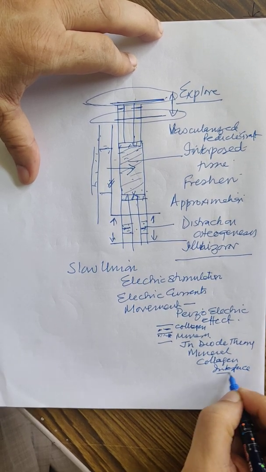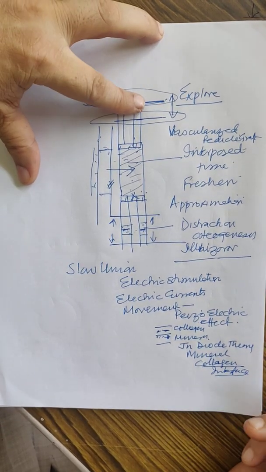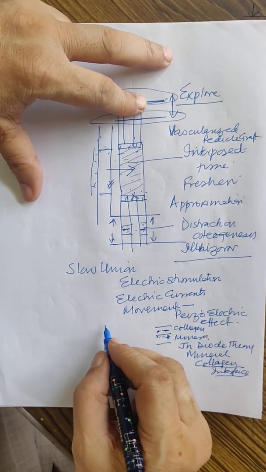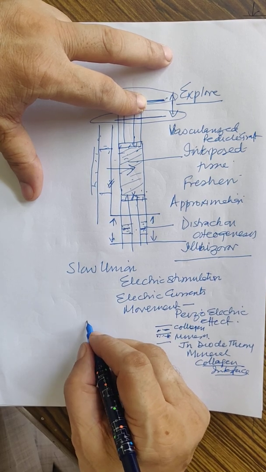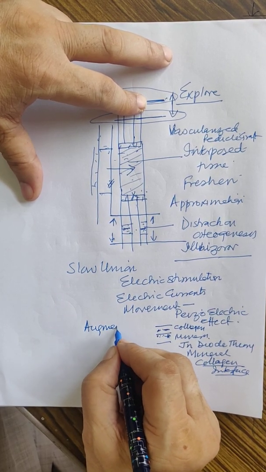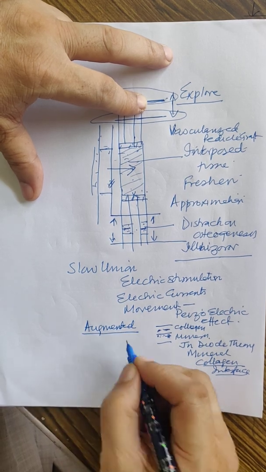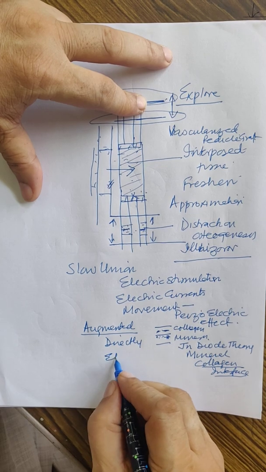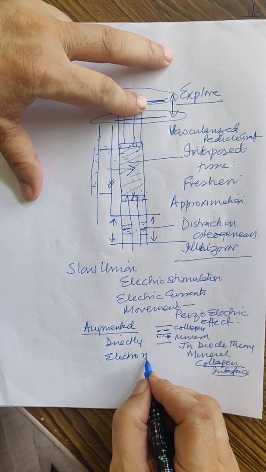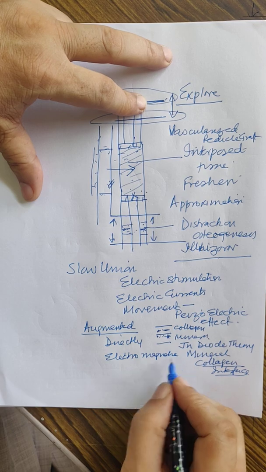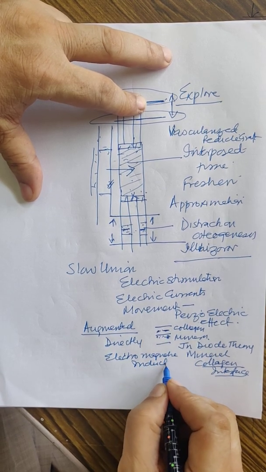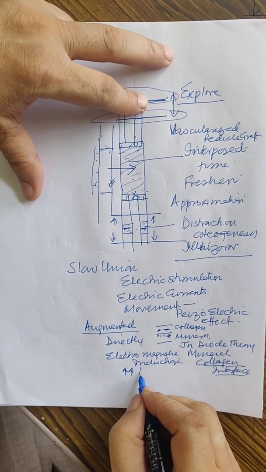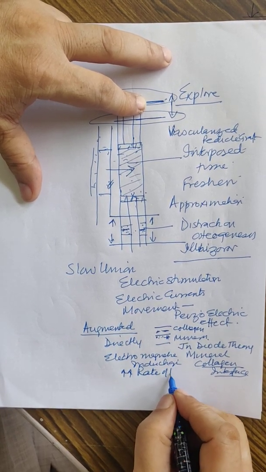So electrical currents are normally responsible for initiation of bone union, and these electrical currents can be augmented by external currents, either directly or by electromagnetic induction, and these have been known to enhance or increase the rate of union.